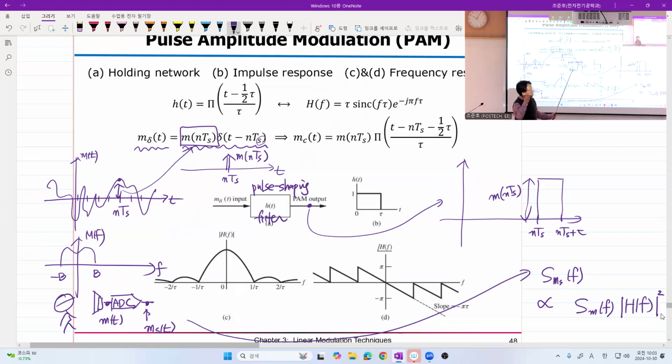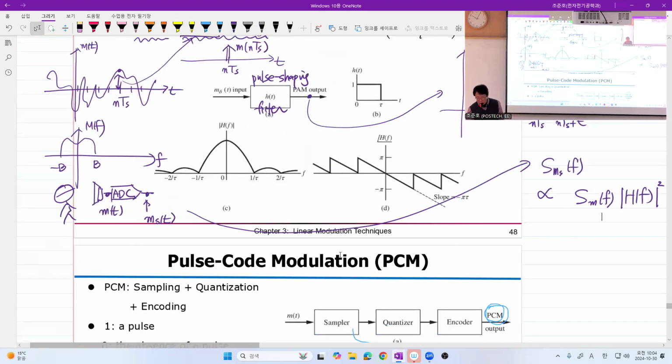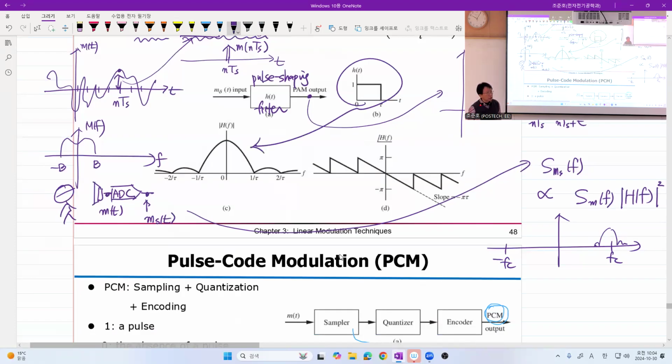So your signal transmitted to the space using, for example, DSB, then what you have will be some product between sinc square, because this has energy spectrum sinc square, right?